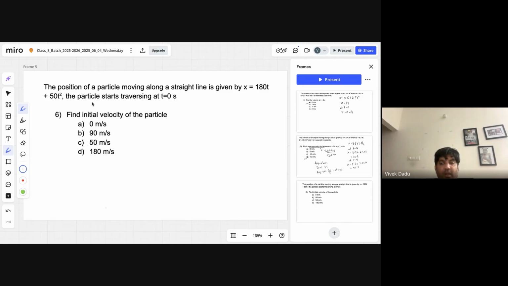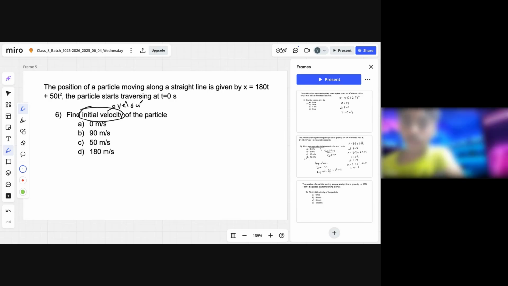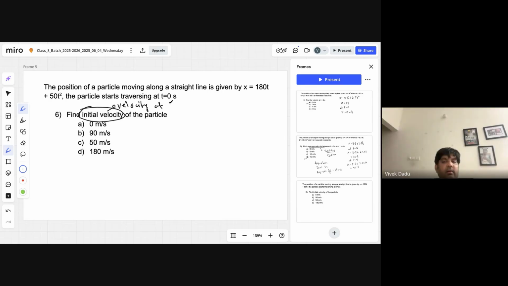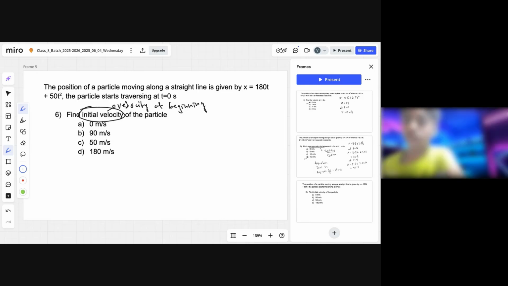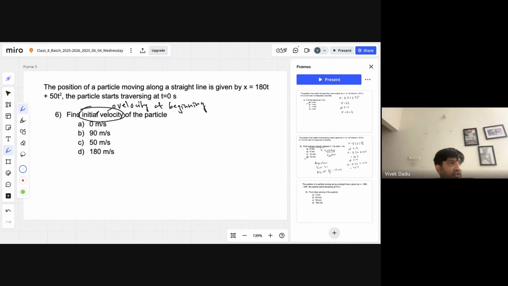Okay. See, there is an information given: the particle starts traversing at t equal to 0. Now, what is the initial velocity? Initial means velocity at the beginning. So velocity at beginning, right? Initial as starting, right? When did it start? When did the beginning happen? At t equal to 0 seconds.